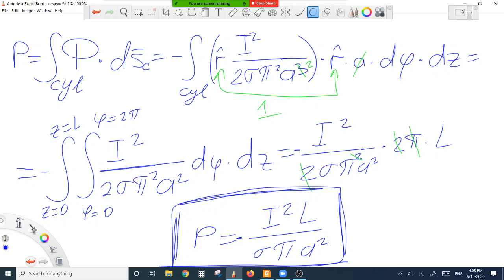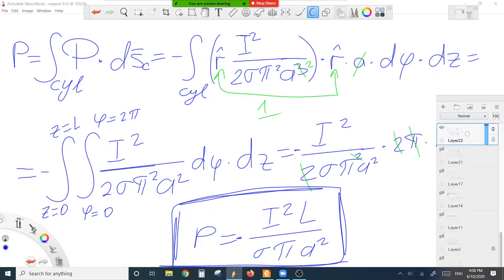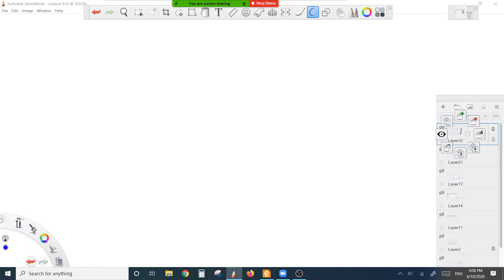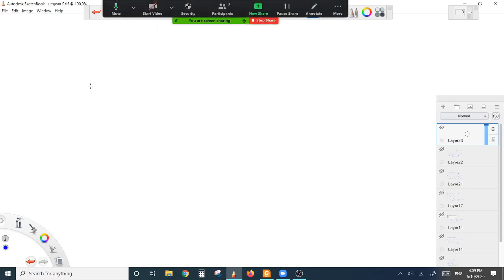Okay, on the other hand, we may also simply compute the power loss using the Joule effect.